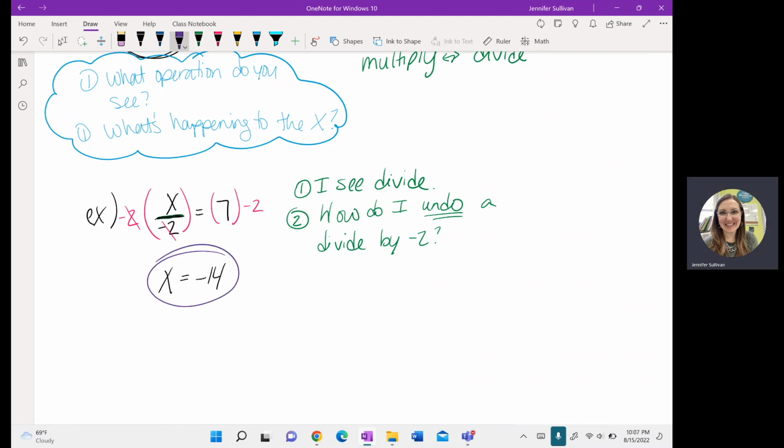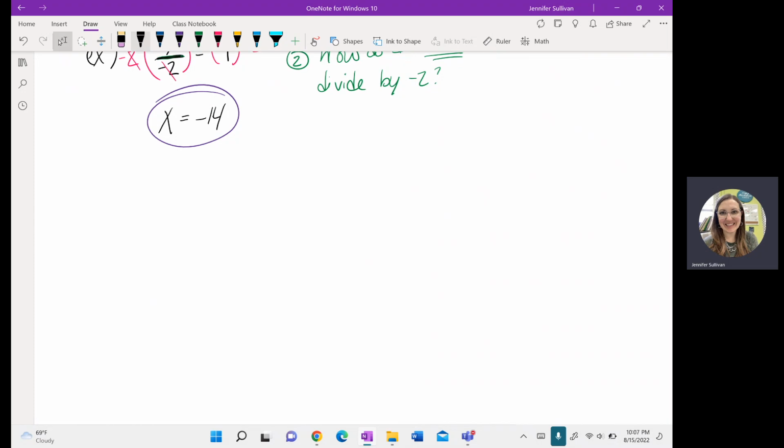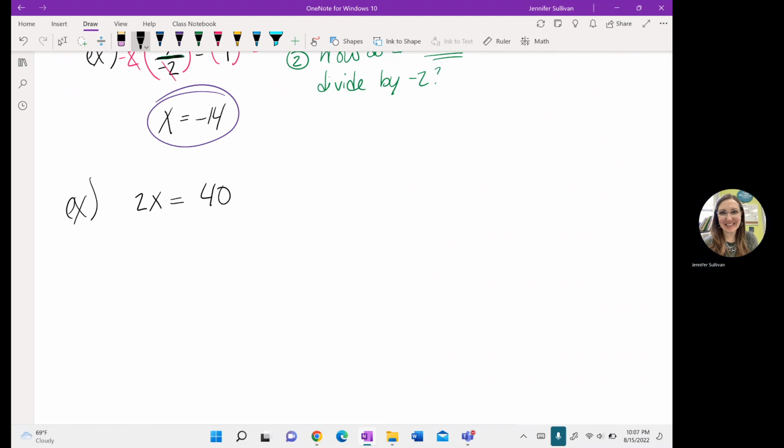It is my solution. Now, a lot of times with some of these more basic problems, you can figure it out. You can probably look at the equation and figure out what the answer is without me having to walk through the steps like we do.